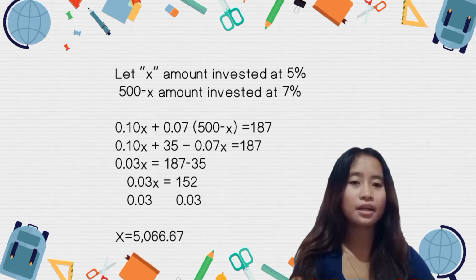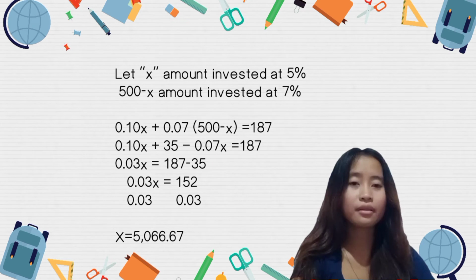So let's convert the 10% into decimal and it will become 0.10, plus convert the 7% into decimal and it will become 0.07 times (500 minus x). 500 is the total investment, equals 187. 187 is the total interest.